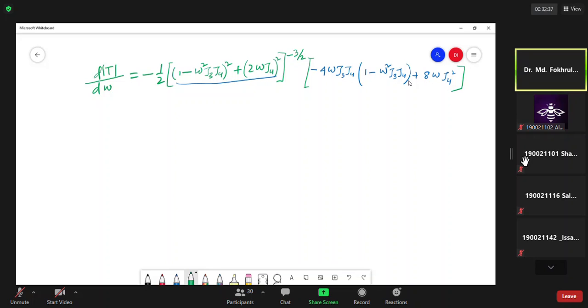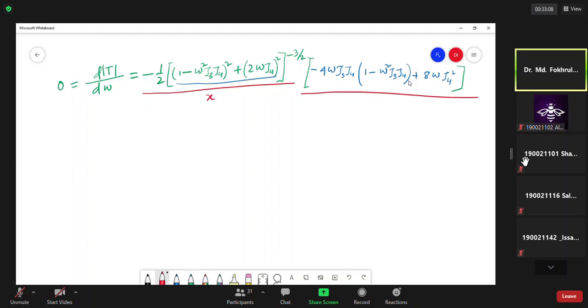And basically we need to make it equal to 0, and at the same time we can also make omega equal to 0. So if you consider this is 0, then there are two factors here. This one factor, this is another factor.